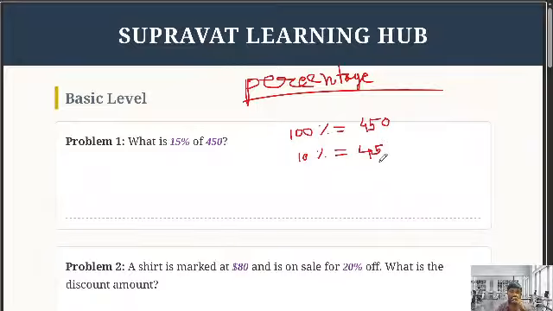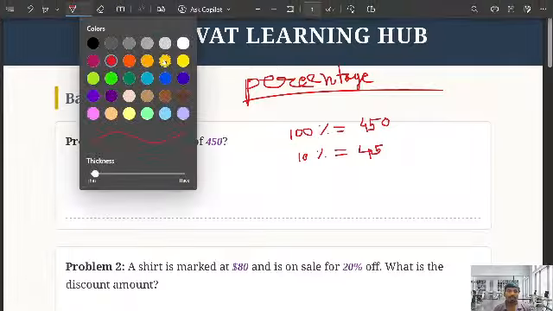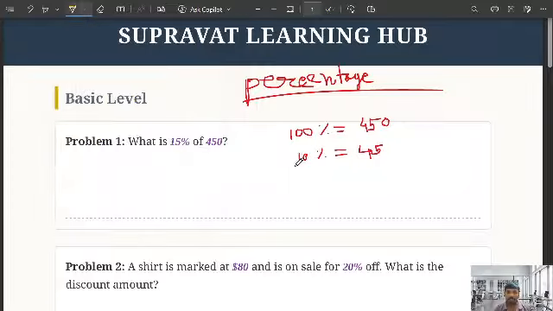10% means 45. So what is 5%? 5% means if we divide this by 2, I have to also divide it by 2. 55 divided by 2, that is 22 and half, I think.